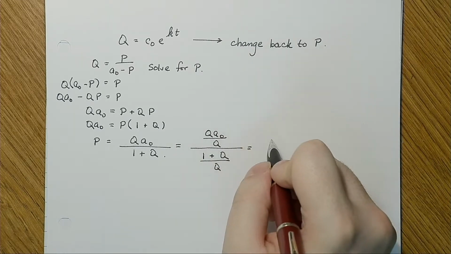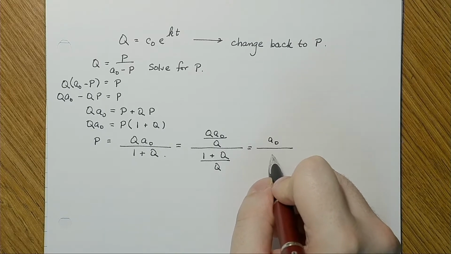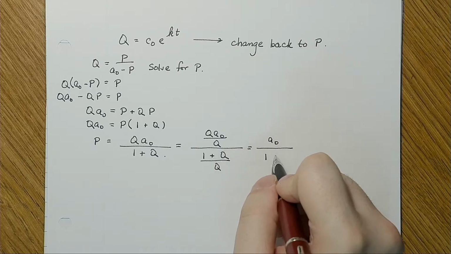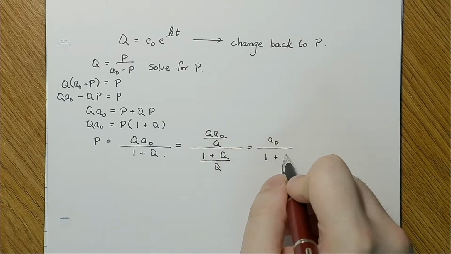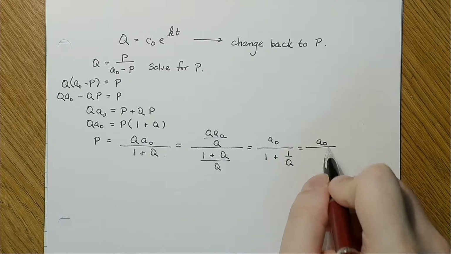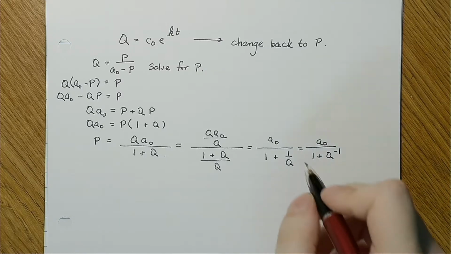So that means that I'm left with a naught over, so here's the q here, q over q, it gives me 1 plus 1 over q, or q to the minus 1.